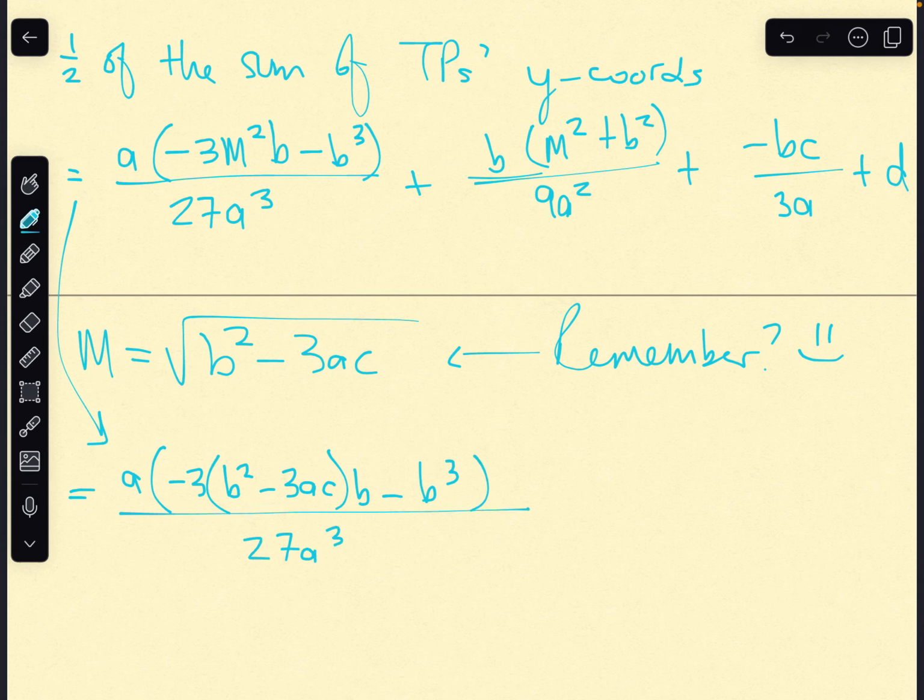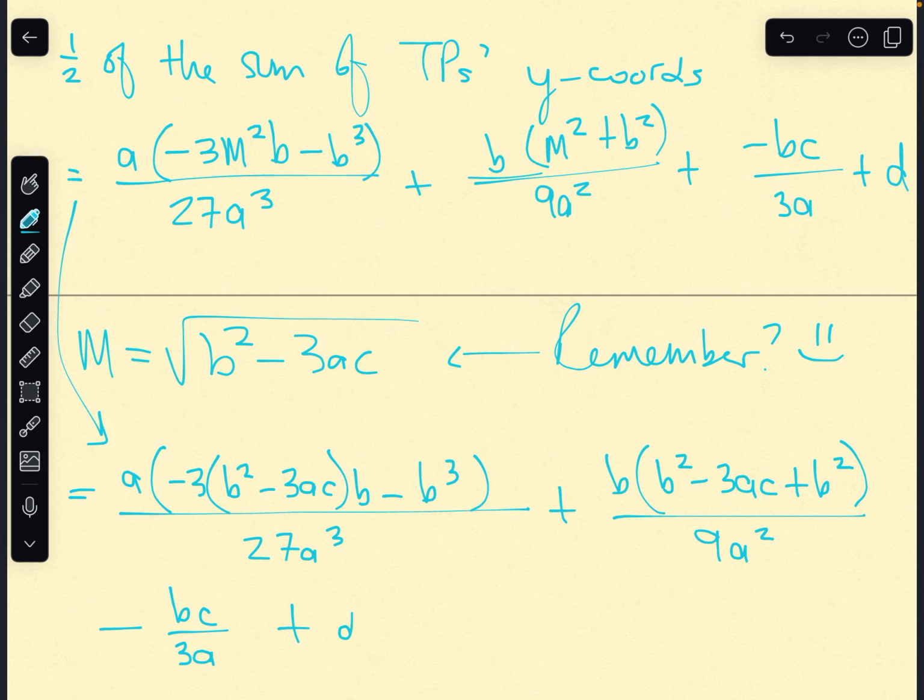It is about to get interesting. So now we have b times, and again, this will just be b squared minus 3ac plus b squared over 9a squared, and then this term is just minus bc over 3a plus d.